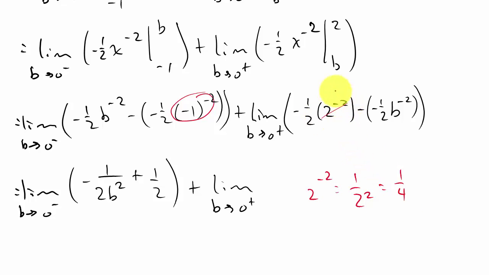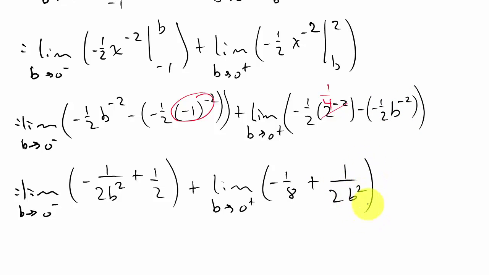So this leaves me with minus 1/8 when I multiply them. And then the minus and the minus is plus 1 over 2, move the b down to the denominator, b squared.